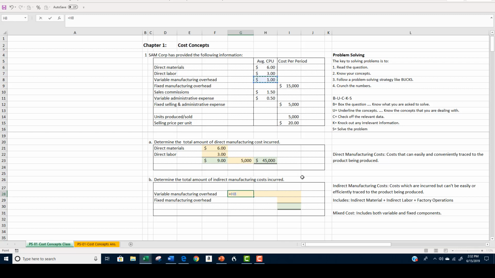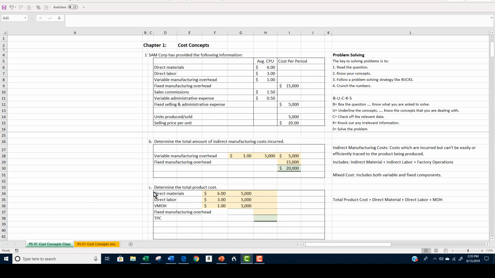Variable manufacturing overhead is $1 per unit times the 5,000 units produced for a total of $5,000. Fixed manufacturing overhead is $15,000 for the entire period. Solving the problem requires that we add variable manufacturing overhead of $5,000 to the fixed manufacturing overhead of $15,000 to get a total of $20,000.